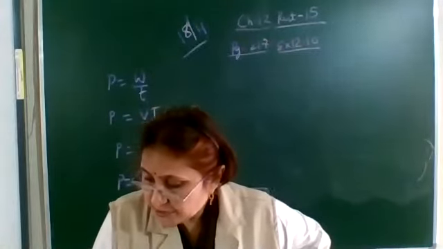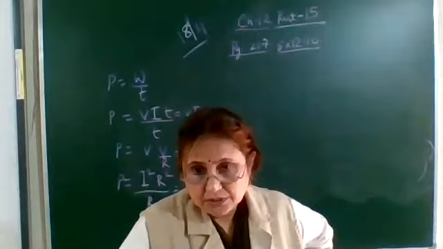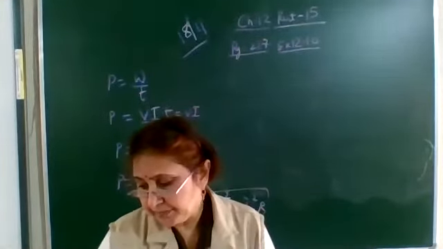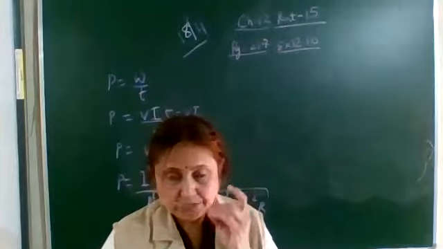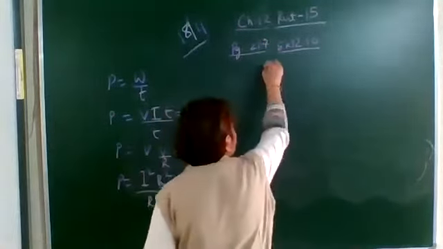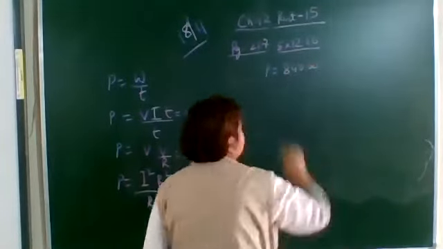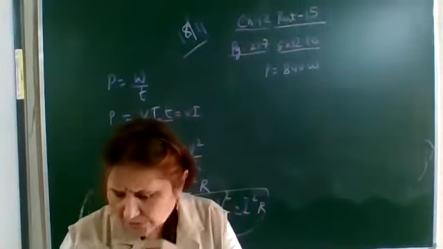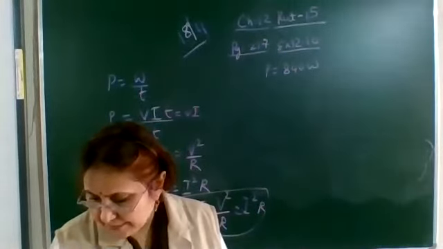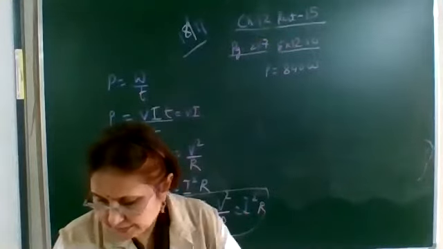It consumes energy at a rate of 840 watt. From the unit you will judge which physical quantity it is: watt is the unit of power, so the electric power is given as 840 watt when heating is at the maximum rate, and 360 watt when the heating rate is minimum.